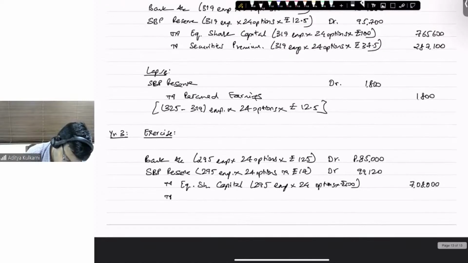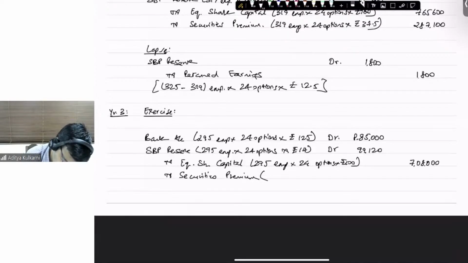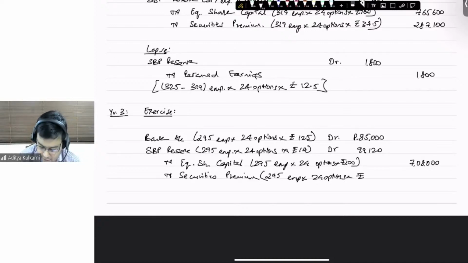To securities premium: 295 employees into 24 into rupees, how much will the securities premium be? 125 plus 14 minus 100, 39, into 24 into 295: 2,76,120.